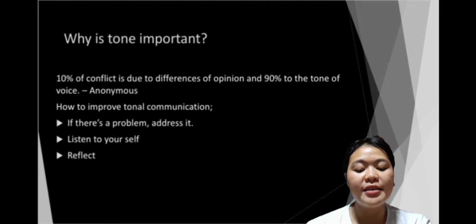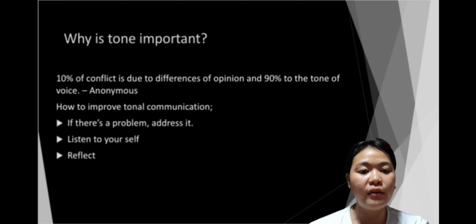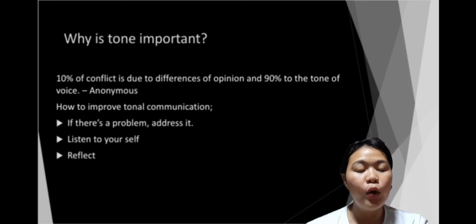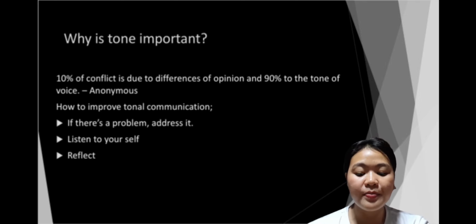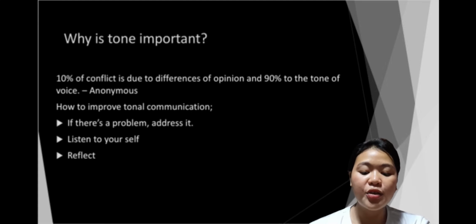The third is, reflect. So reflect on how you're feeling before going into work to avoid blowing up on innocent bystanders. So improving tone can create a positive work environment, strengthen understanding, and improve teamwork.